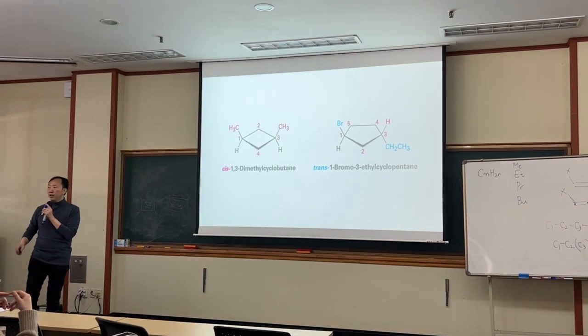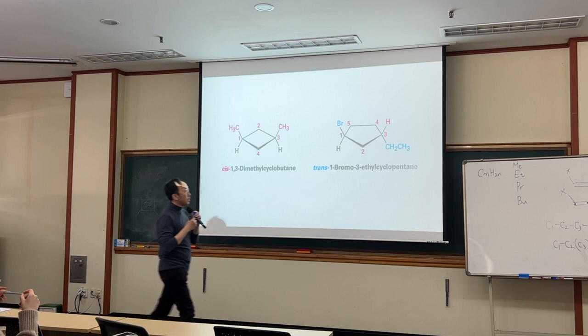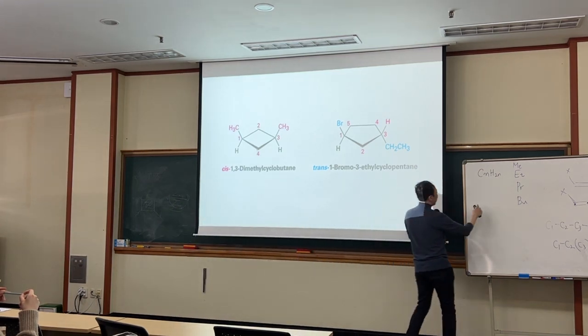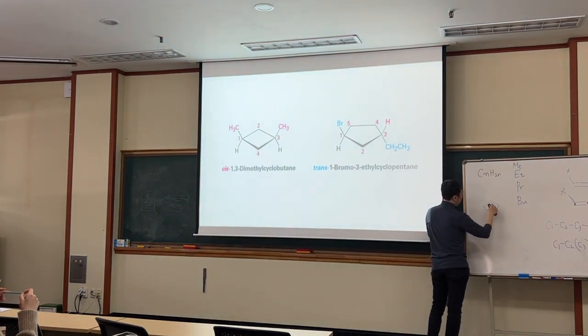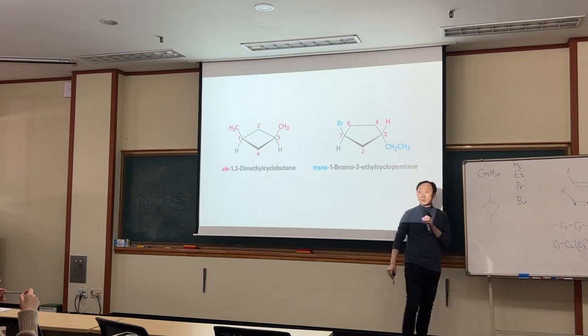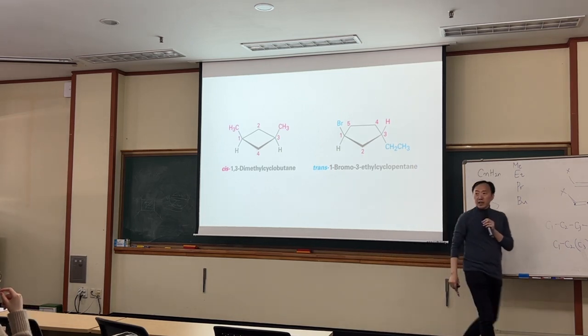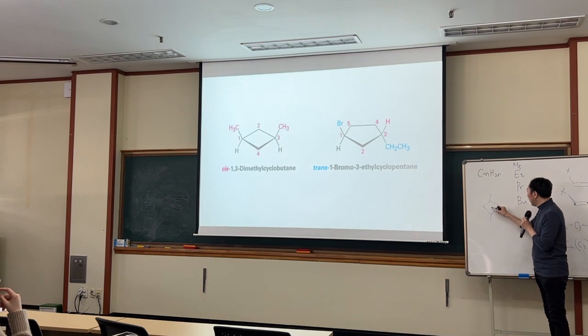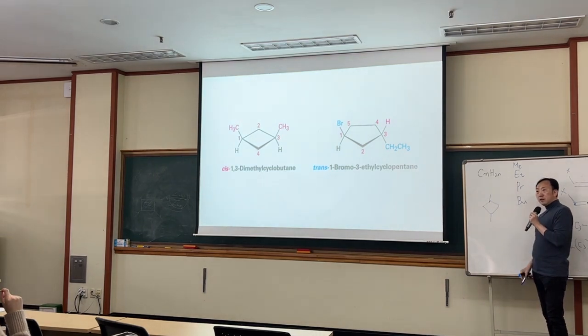Okay. If I give you the structure this way, intentionally without the information about the spatial positioning of these two, then you don't need to give cis or trans because you cannot.